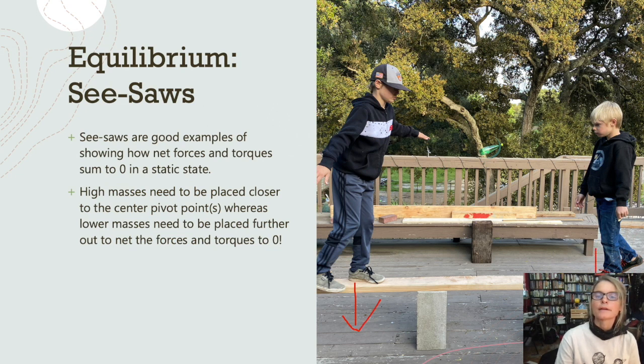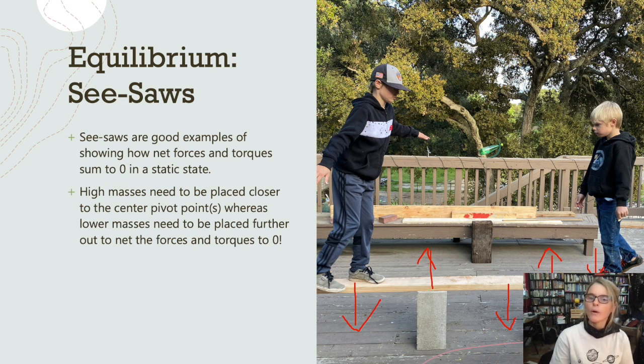So we have the weight of this person, and then we have the weight of this larger person here, and then we have the normal forces of the supports pointing upward here. Okay. So we identify all the forces acting on this board, and we also have the weight of the board through the center. Okay, so we have 3 weights: the weight of the board, the weight of the 2 masses of the bodies, and then we have the normal force, the pivot points pointing upward.